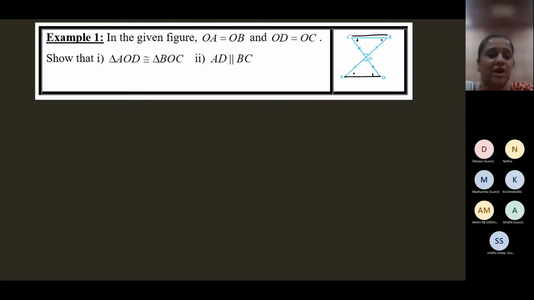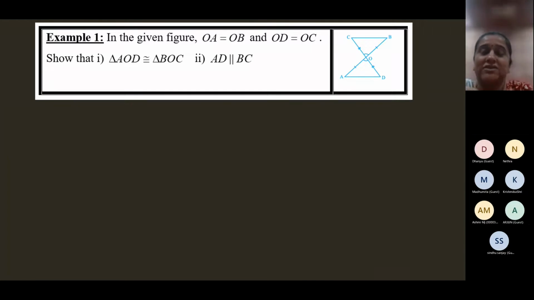Once you prove that they're identical, their remaining corresponding parts also will be equal. With this minimum information, we say that the two triangles are congruent, that means they're identical. So the remaining things which you didn't know will also be equal, because now they're congruent.